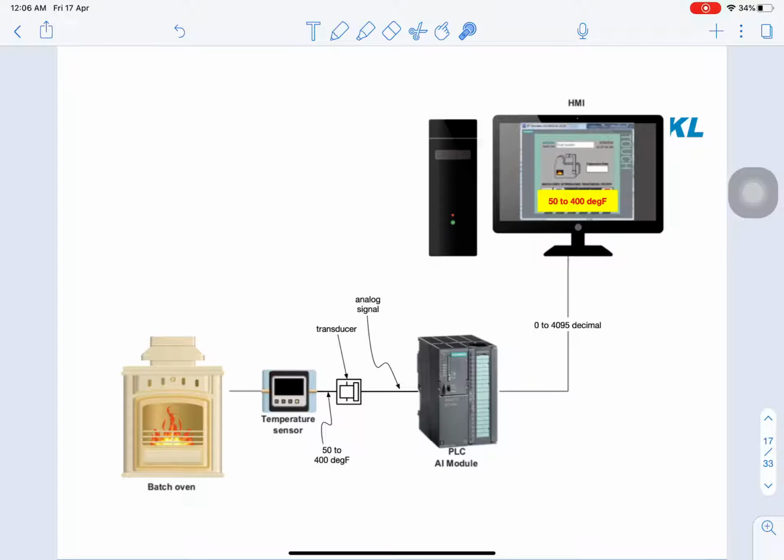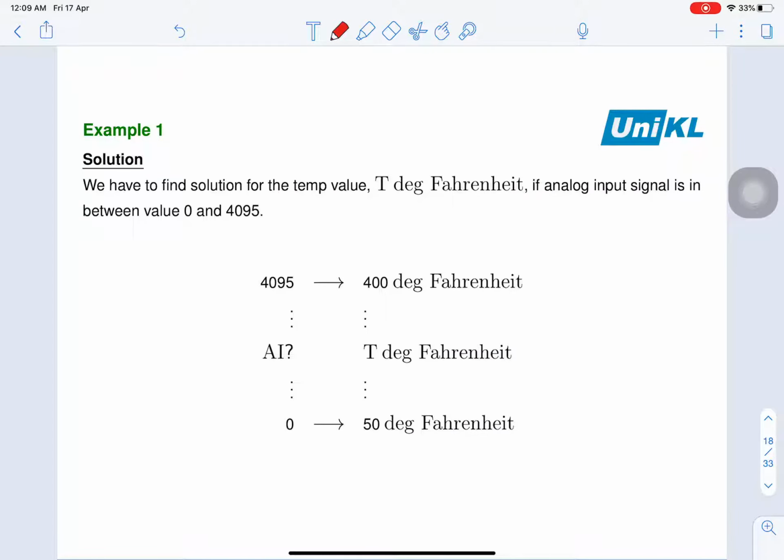We are going to look at how we can construct a relationship between the temperature transmitter, which is the analog input signal, and the decimal number. We are also going to look at the ladder diagram implementation for the S7-300 family and S7-1200 PLC family. We start by investigating the decimal unit relationship with the oven temperature.